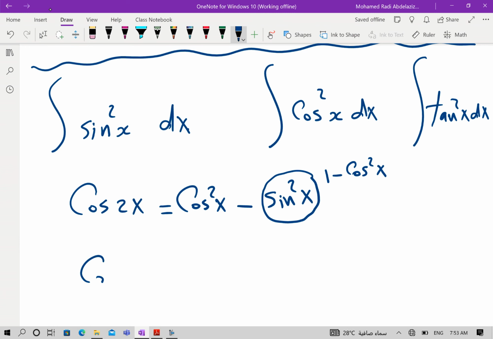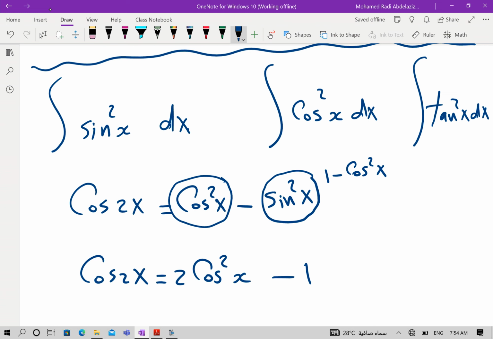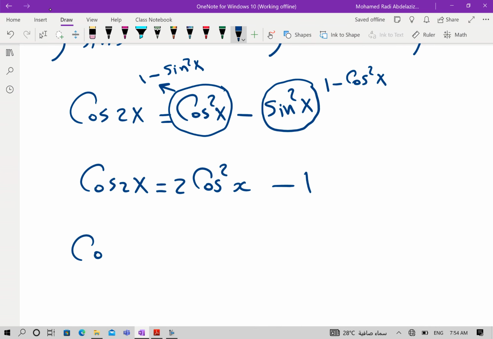You will get cosine 2x is 2 cosine squared x minus 1. And you can substitute cosine squared by 1 minus sine squared x, then simplify. You will get the third one, which is cosine 2x is equal to 1 minus 2 sine squared x.